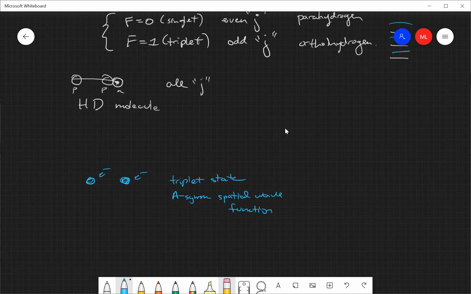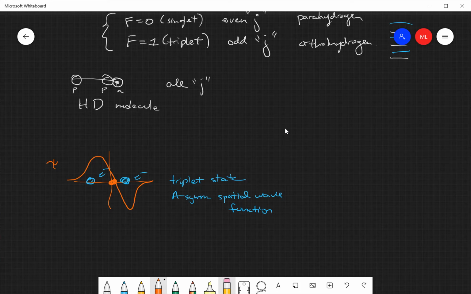And what would that look like if I were to draw their wave function? Well, it would be anti-symmetric relative to their relative distance between them. So it would look something like this. And since it's anti-symmetric, it goes through 0 here between them.